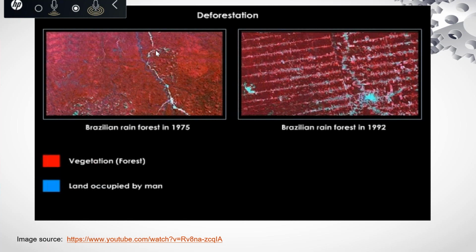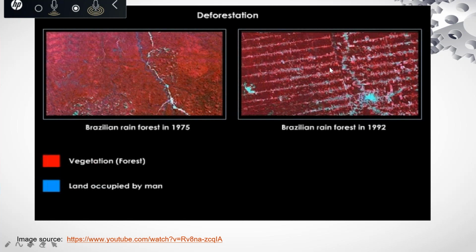So we can see here that there is very little area occupied by the humans, but in the year 1992 we can see that this area is no longer much covered by the grasslands, but in fact it is mostly covered with human settlements.